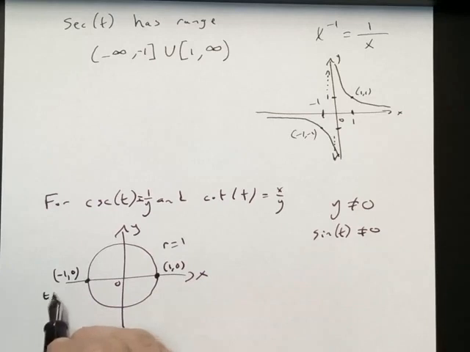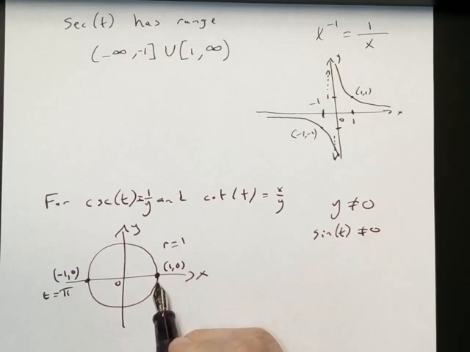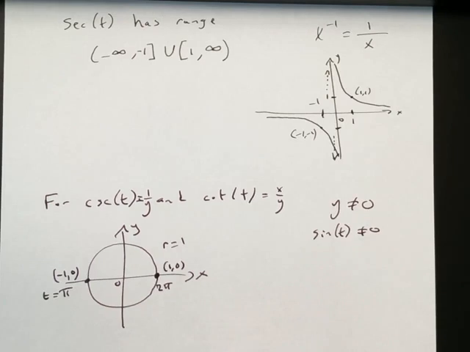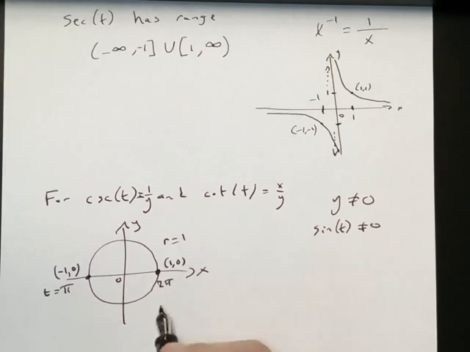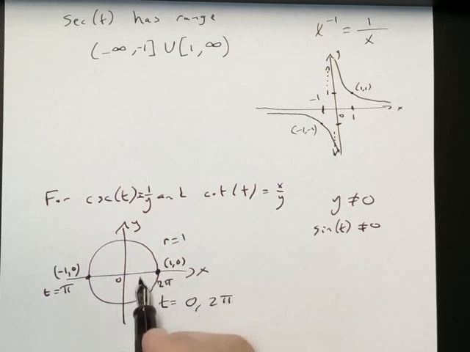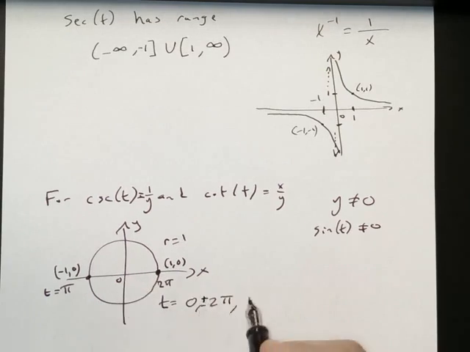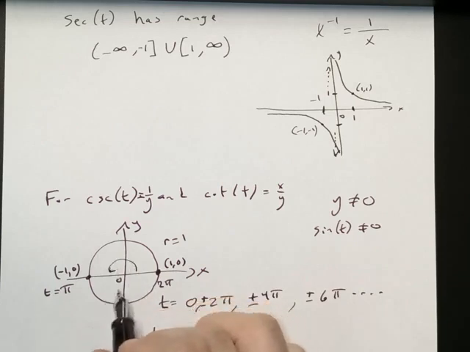Pi would be the angle that puts me over here, right? What angle puts me over here? Or 0, right? I can make the same sort of list. To end up here, I could use t equals 0, 2 pi. I could also go the other way and get negative 2 pi. I could get 4 pi or minus 4 pi, 6 pi or minus 6 pi. And over here, I get pi by going this way, and minus pi if I go that way. But I can now add 2 pi.